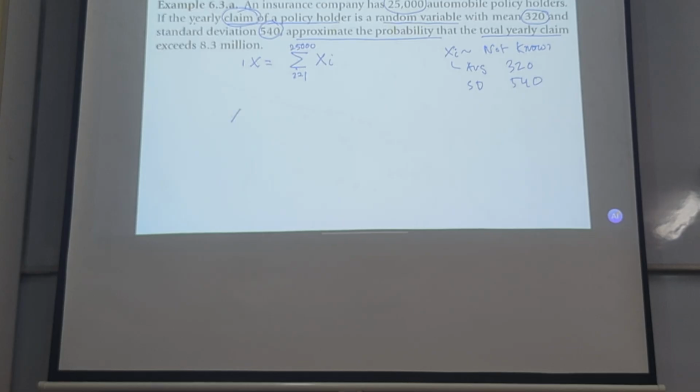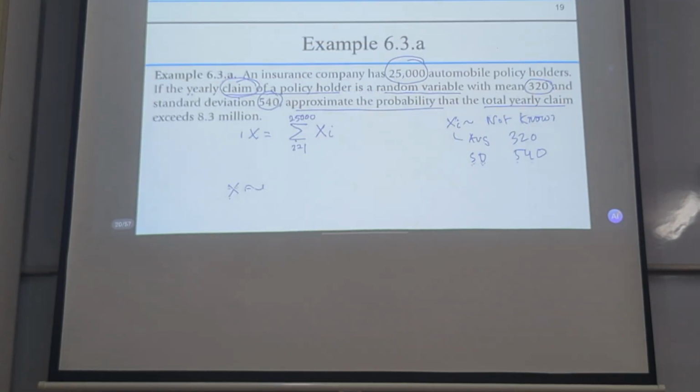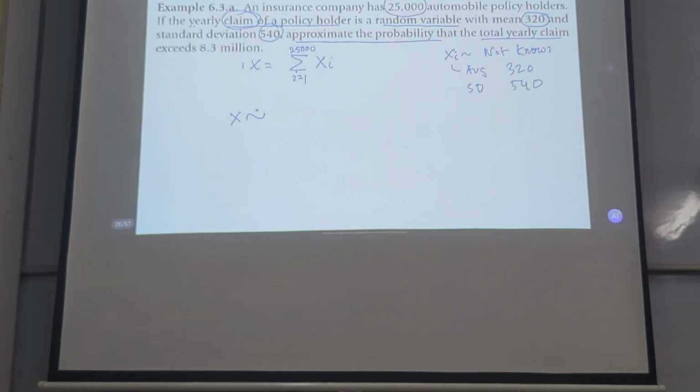Now, what is the distribution of X? We did not know. But according to the central limit theorem, the distribution of X is approximately normal. It means what? Right? And the variance is?